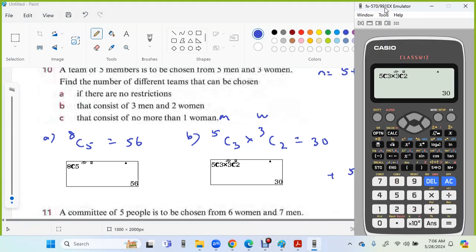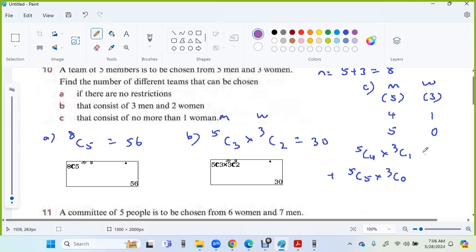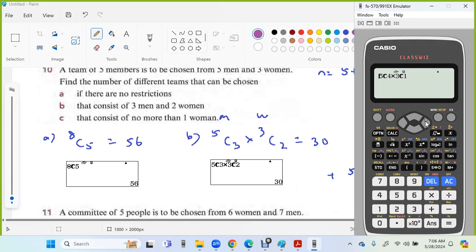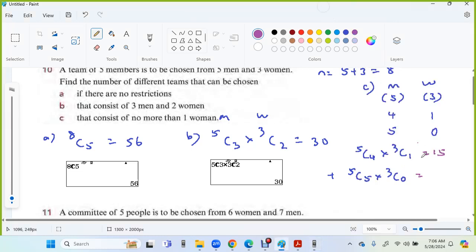So 5C4 times 3C1 is 15. And then 5C5 times 3C0 is actually 1. So the answer will be 16.